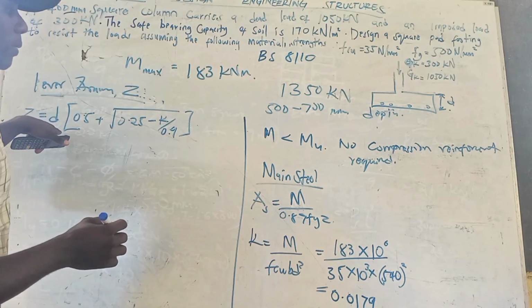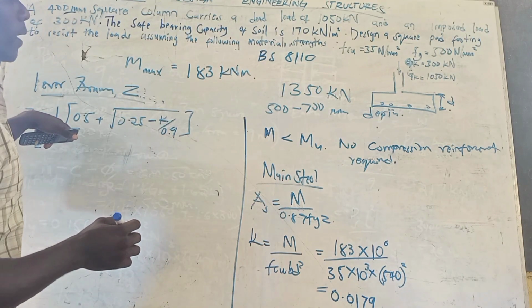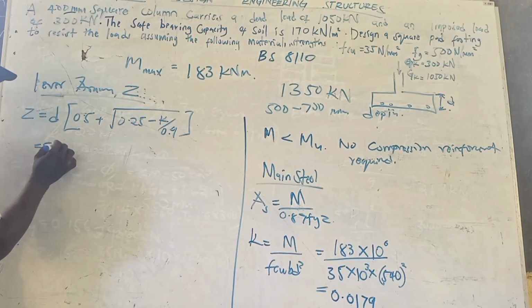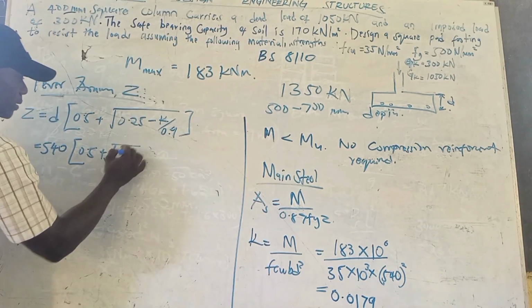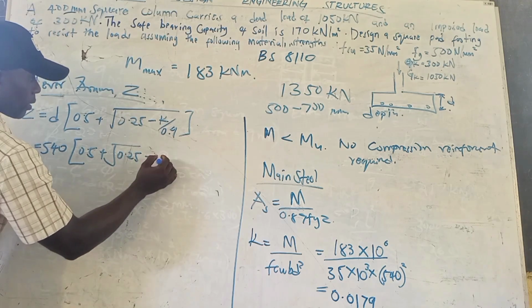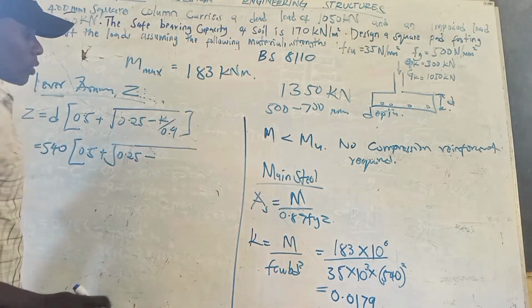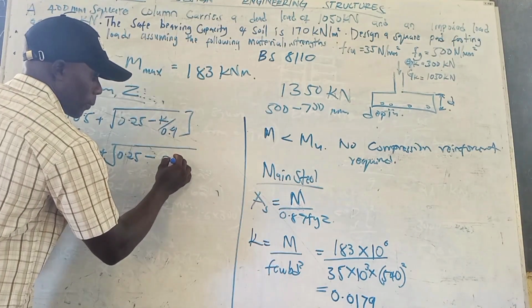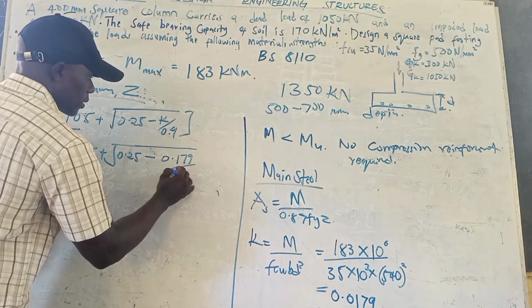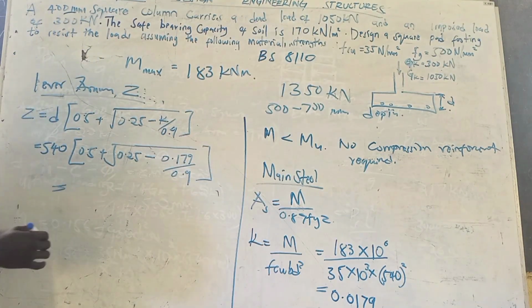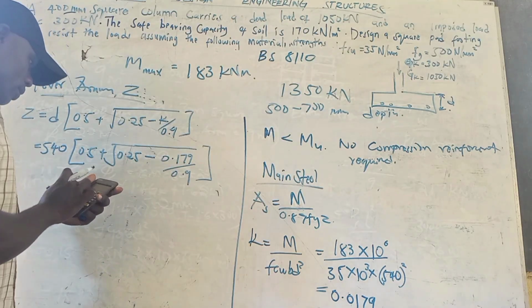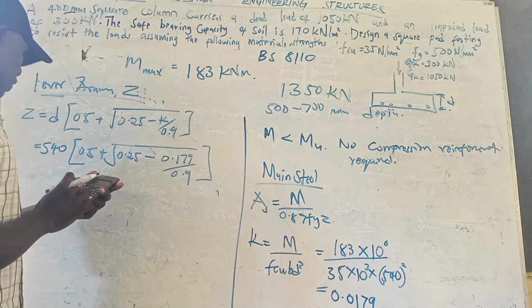You have the effective depth. We had our effective depth as 540 plus root of 0.25 minus stiffness constant of 0.179 over 0.9. Feed that into your calculator.